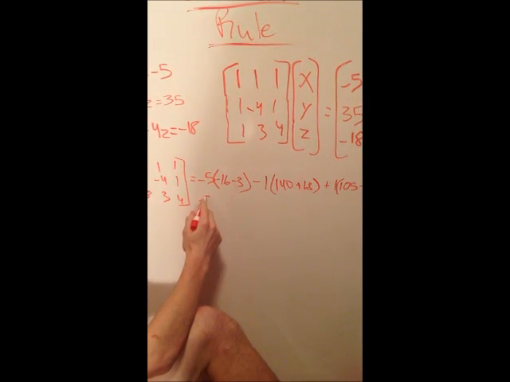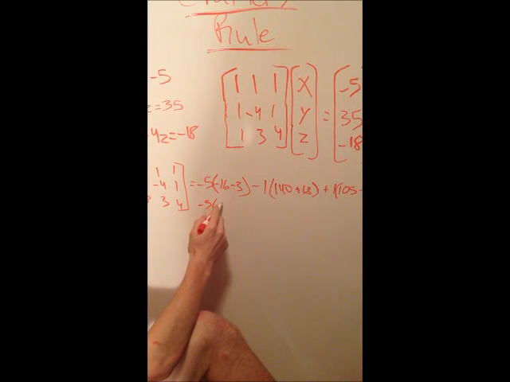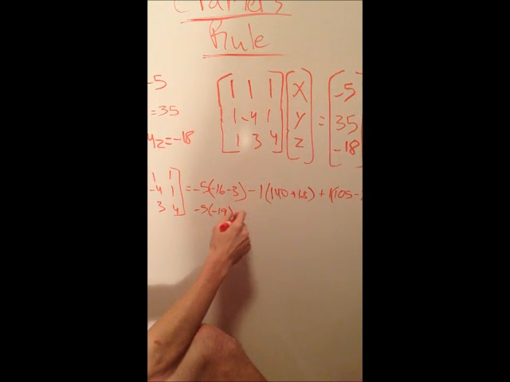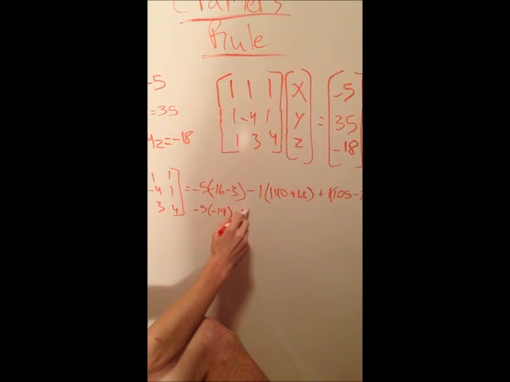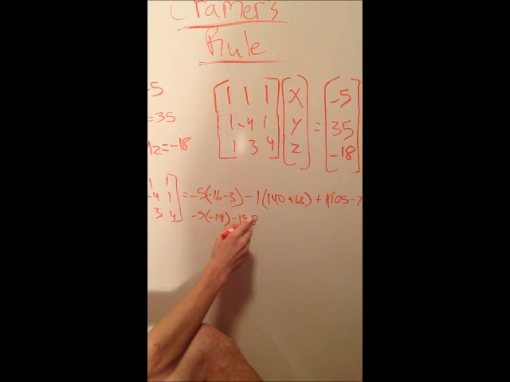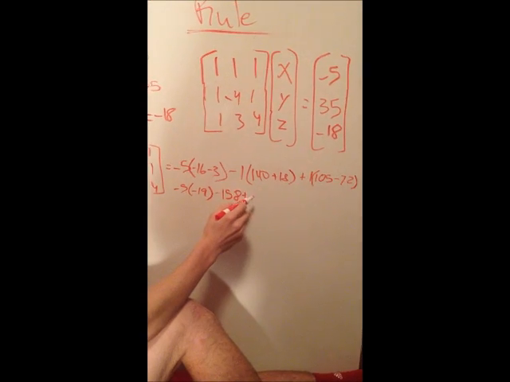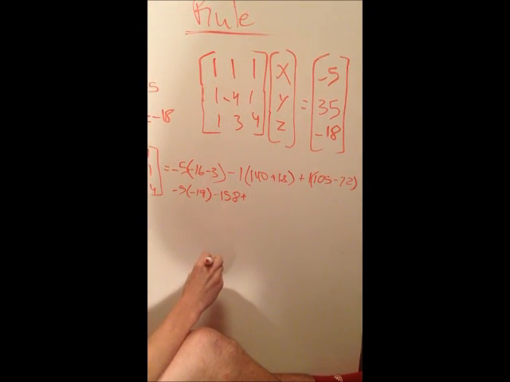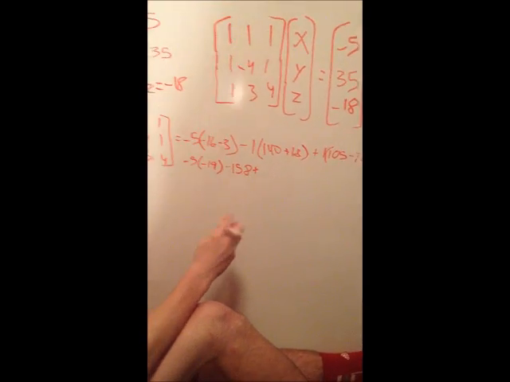So we're going to get -5 times -19 minus 140 plus 118. So this could be minus 158. And then we're going to get plus 105 minus 72, which is going to be about 33.